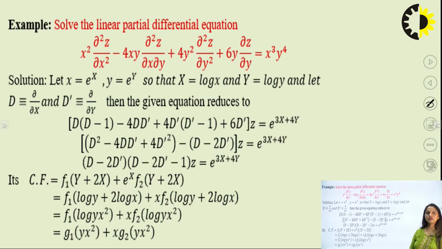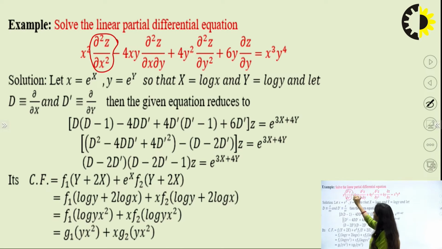Let us understand this example. Here the question says solve the linear partial differential equation, and the equation contains second order derivatives as well as first order derivatives. In the first second order derivative, the multiplication is with x². So if the multiplication is with x², there must be the derivative with respect to x.